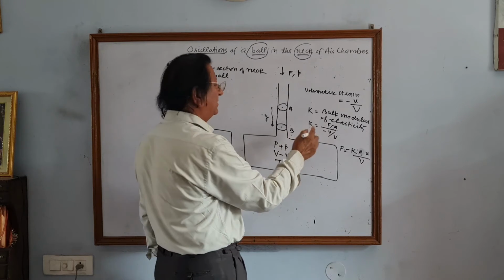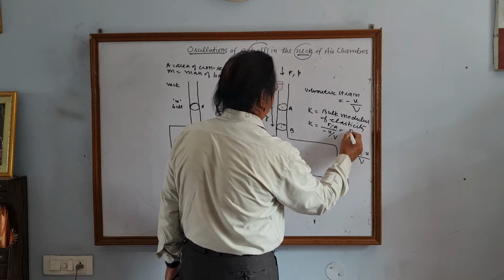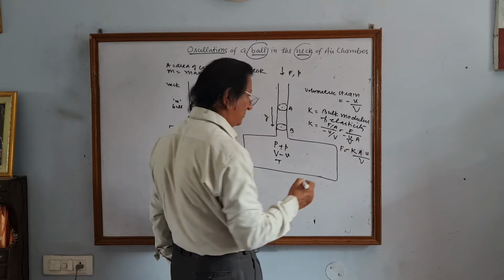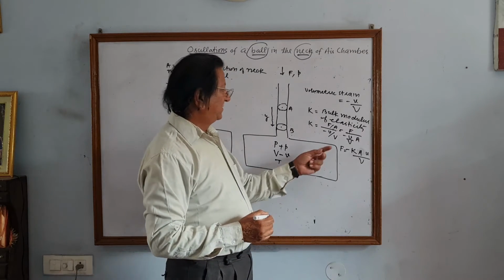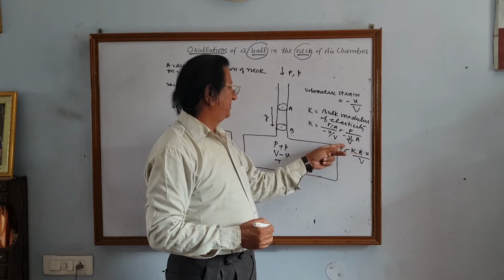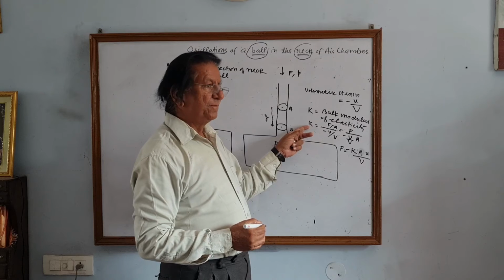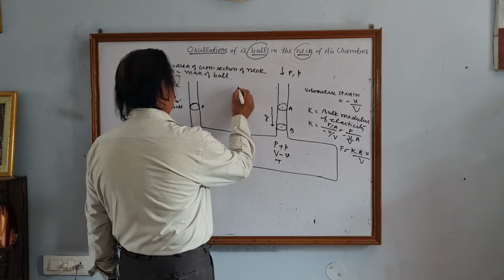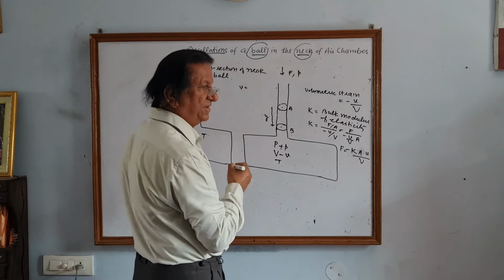This can be written like this also: F over minus v by V into A. You want F, so the denominator should be shifted to this side. Clear? So what is this small v? Small v is the change in volume.